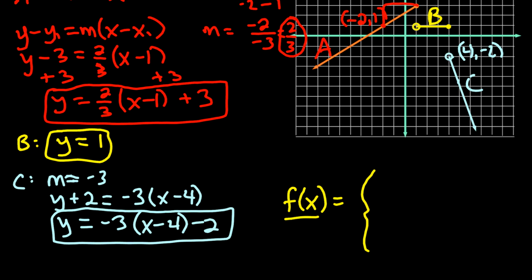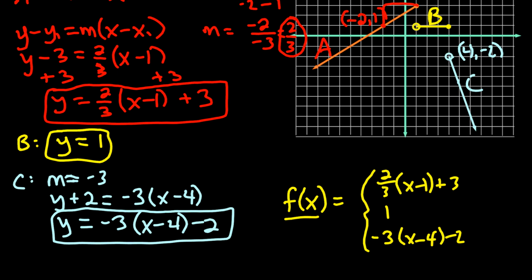The f of x replaces the y. So it's 2/3 x minus 1 plus 3. The next piece is just y equals 1, so we just put a 1 there. And then the next piece is -3 x minus 4 minus 2.